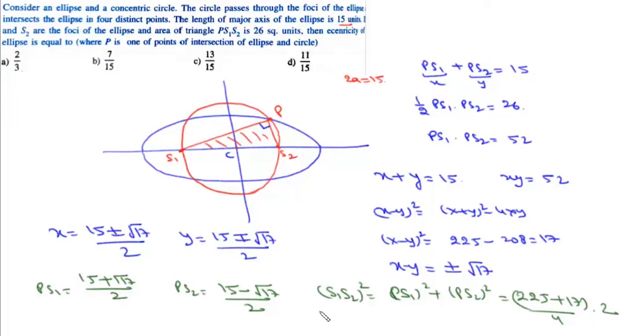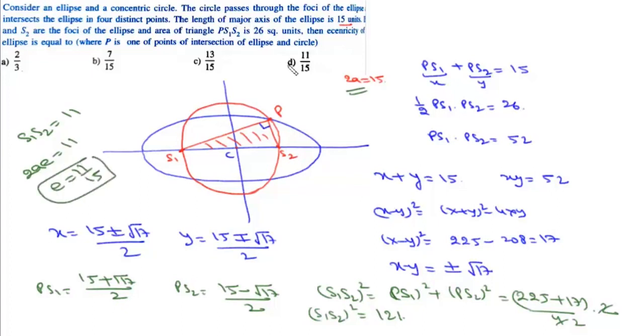So S1S2 whole square is equal to, now 225 plus 17 is 242, and 242 divided by 2 is 121. So from here S1S2 is simply 11. So S1S2 is distance between focus, which is 2AE, and 2AE is 11 and 2A is simply 15. So value of E is simply 11 by 15, and that's your option number D.